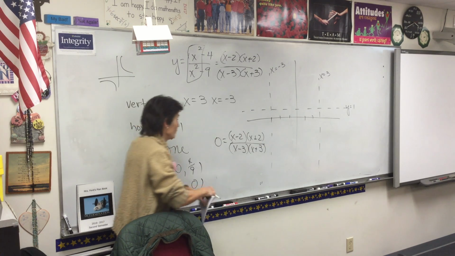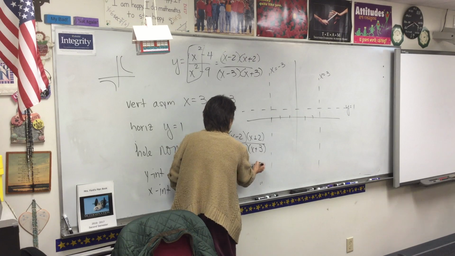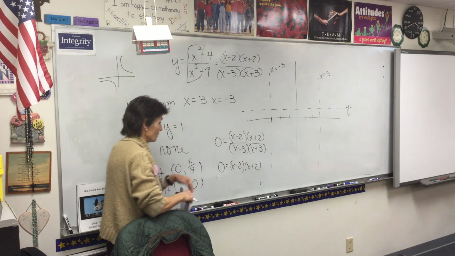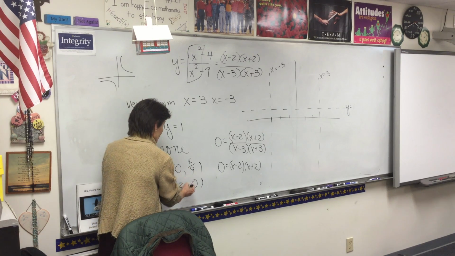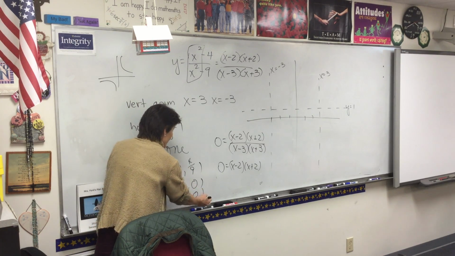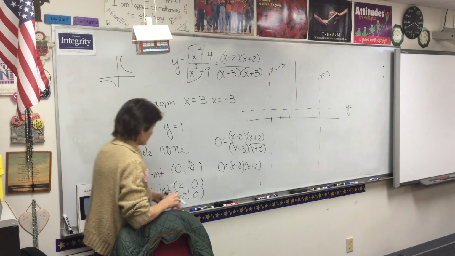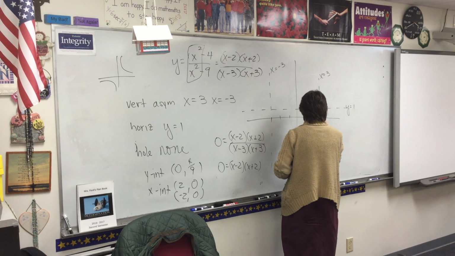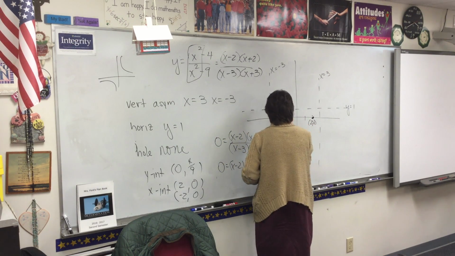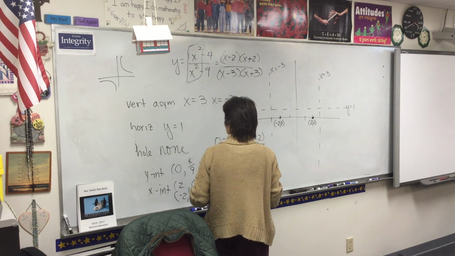But since it's 0, it's just going to be gone. So what makes the top 0 then? What makes this 0? Either 2 or -2. So not only do I have 2 vertical asymptotes, but I have 2 x-intercepts. I have one here, and I have one here. And what was my y-intercept?